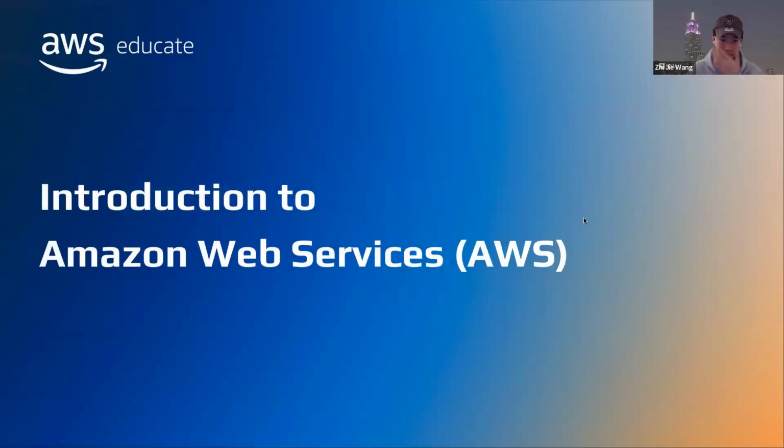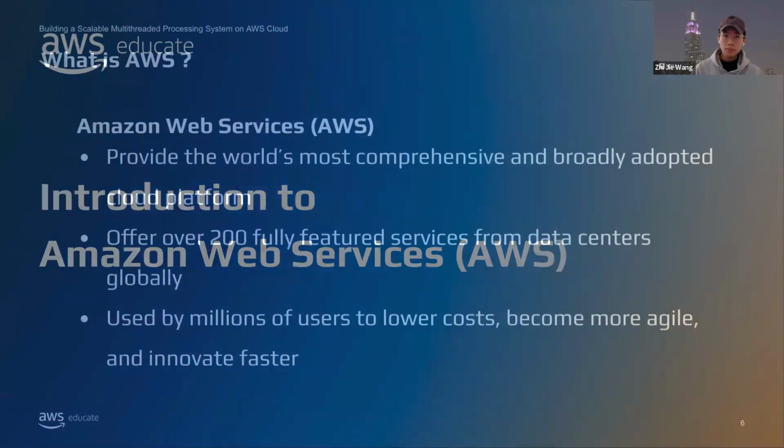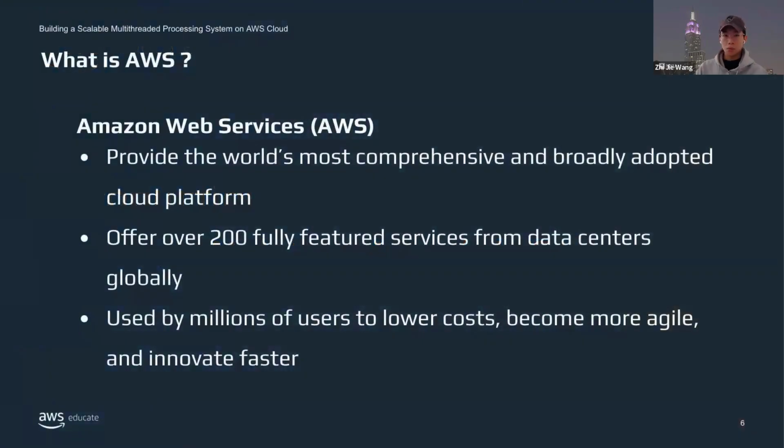Okay, so let's get this started. First, I'm going to talk about what is AWS. Amazon Web Services is a cloud computing platform, which is a child company of Amazon.